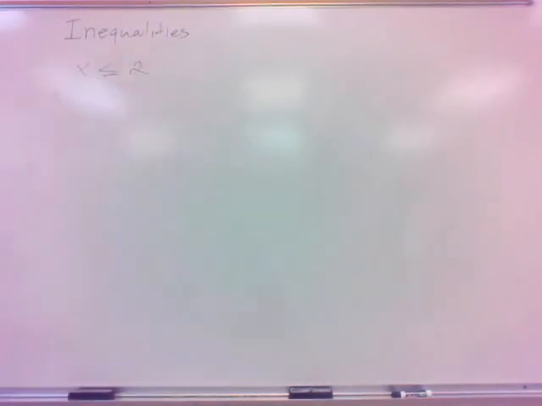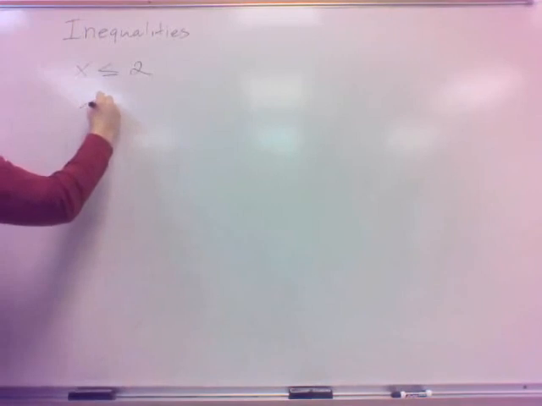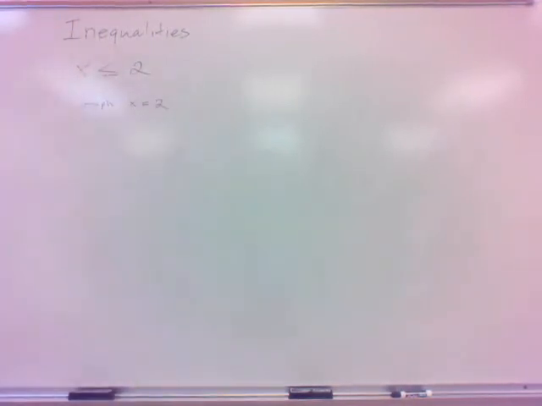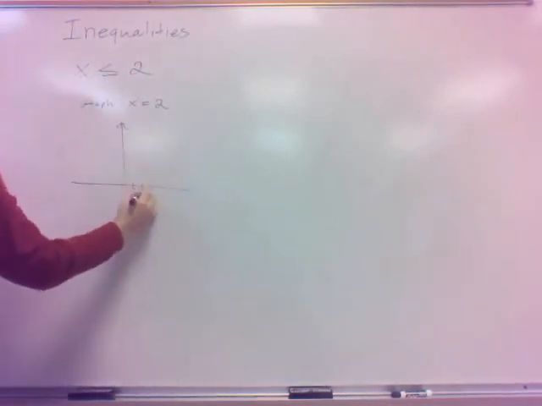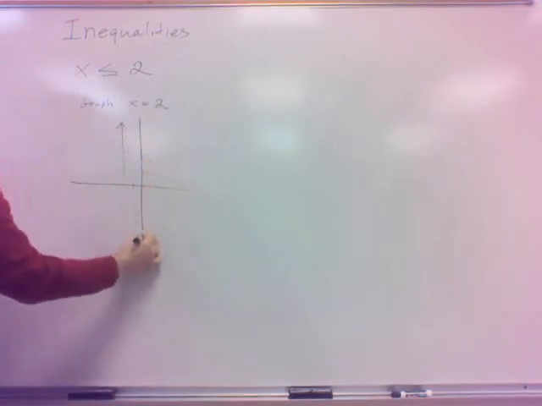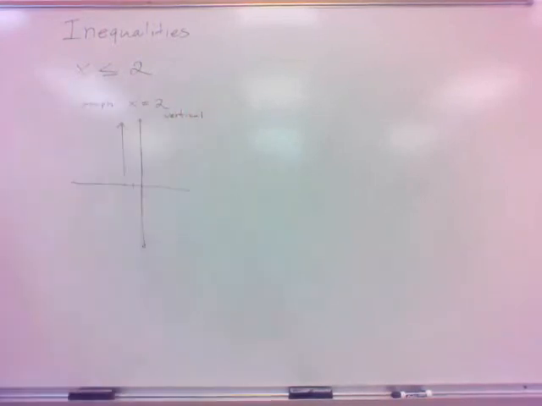If I have x is less than or equal to 2, well, first of all, the graph of x equals 2, the way I usually explain it is the value is always 2. And so you've got 2, 1, 2, 2, 2, 3. You've got the vertical line. X equals 2 is a vertical line. And so the inequality then is shading of either side of that vertical line, but here x is less than 2, so that would be shading to the left here.